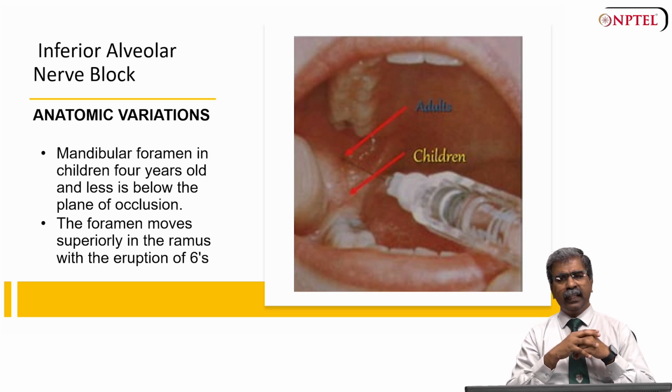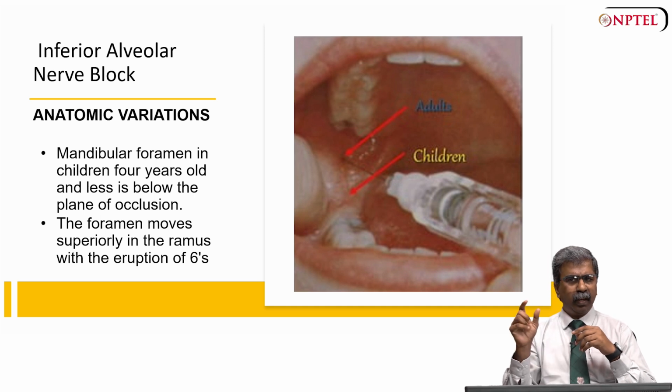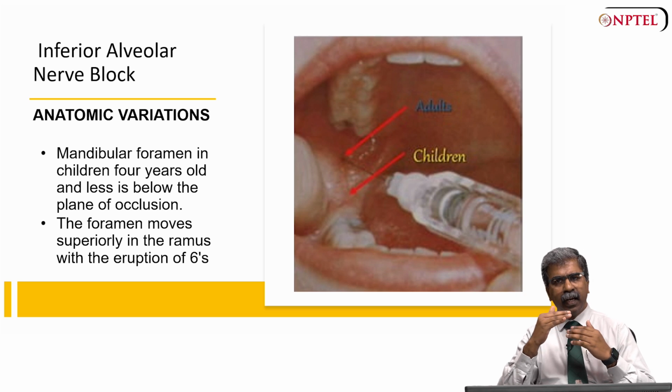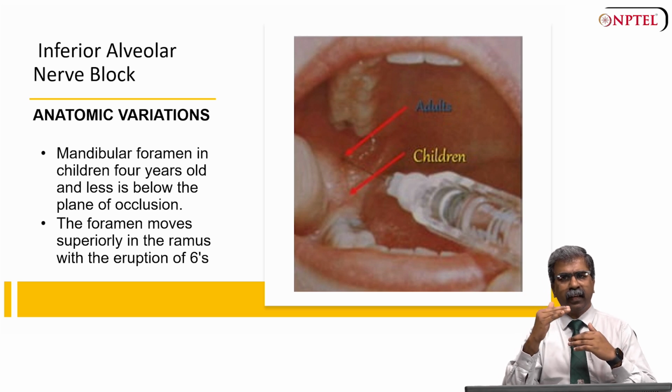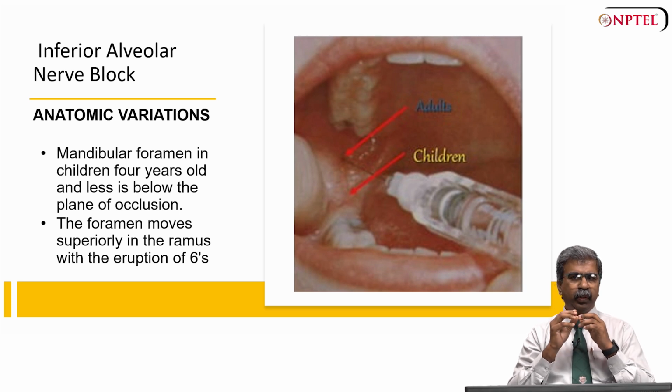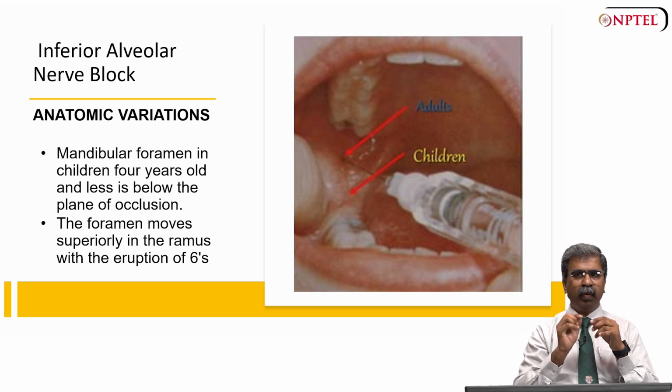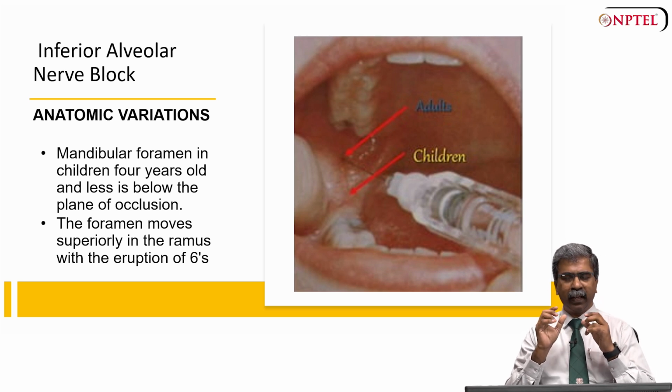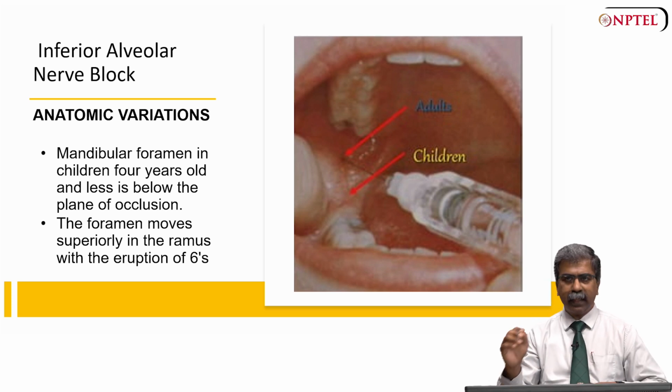And also, a point to note is that as the permanent first molars erupt, the mandibular foramen gradually shifts superiorly within the ramus, and this upward movement alters the position of the foramen and is an important consideration for dental surgeons when performing inferior alveolar nerve block in children, as it impacts the ideal injection and the technique.